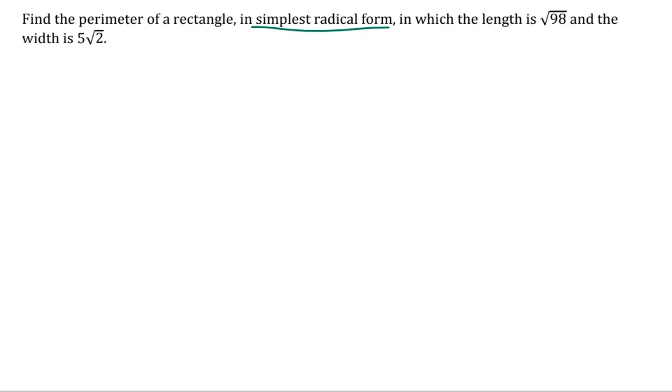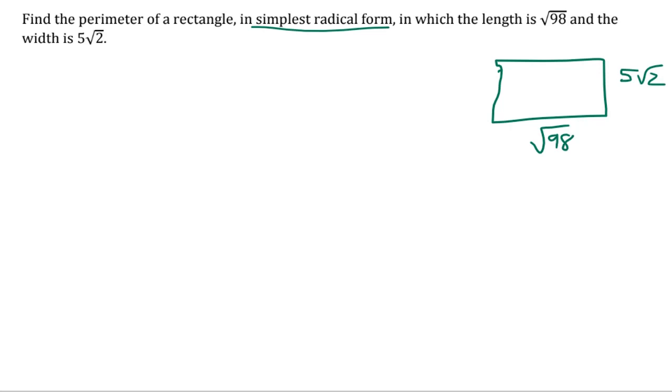So I really like that anytime they name a shape and they're giving me numbers that go with that shape, I'm going to actually draw the shape and label it. Terrible rectangle, sorry. The length is radical 98 and the width is 5 radical 2. And there you go. If you switch the labels, that's okay also.